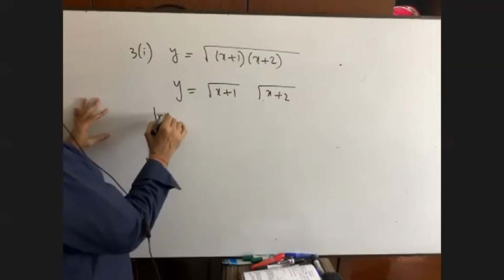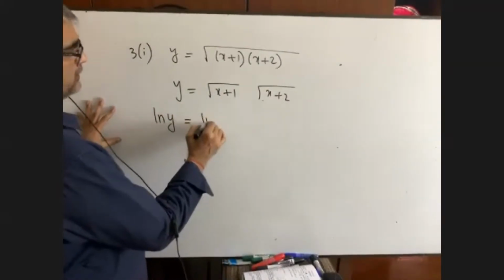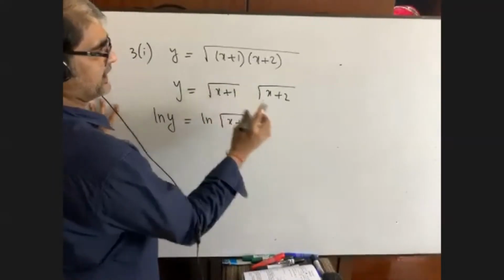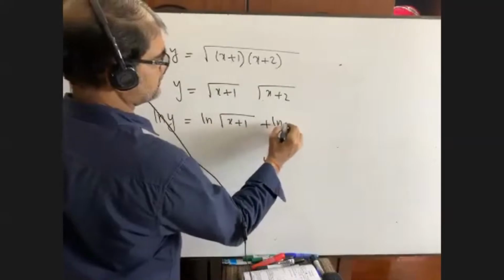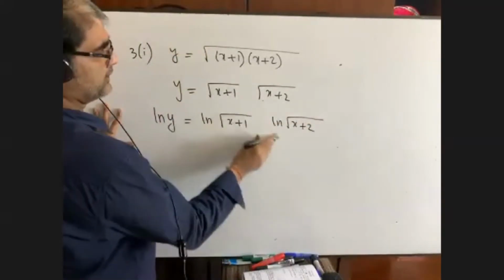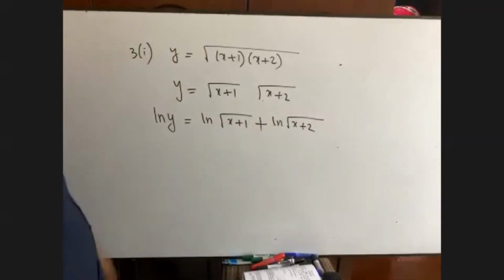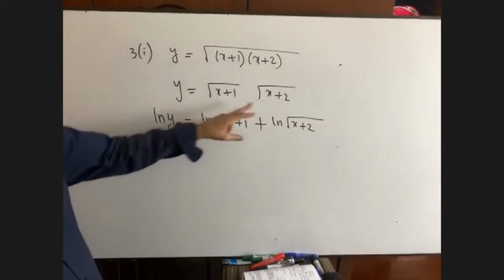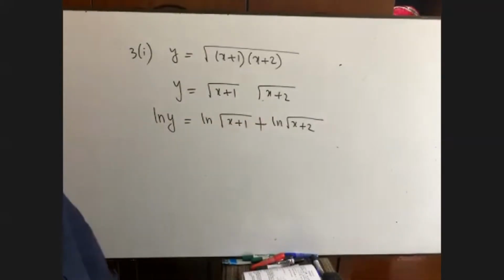ln y is equal to ln root over x plus 1 plus ln root over x plus 2. It is a multiply sign, so it will be plus. Have you got me? I have skipped one line. I have taken ln to both the sides as it is multiplication, so it will be addition. Is it okay?